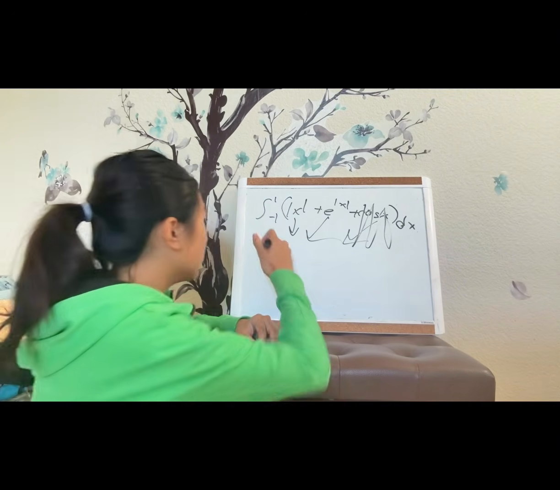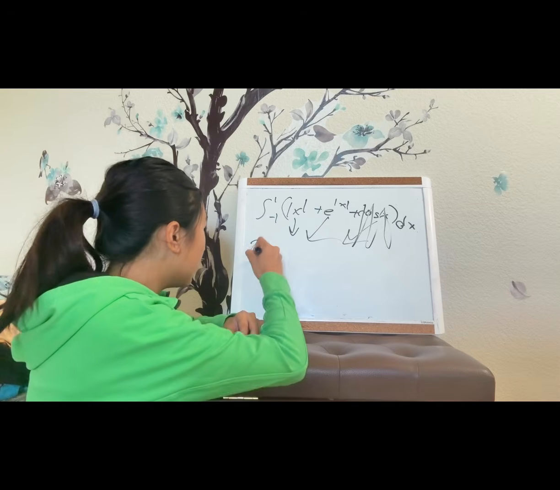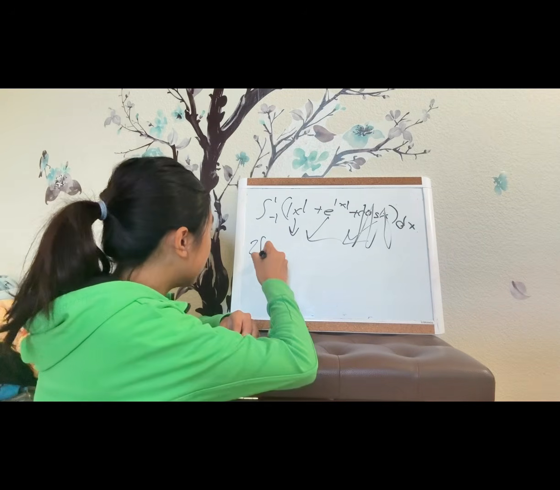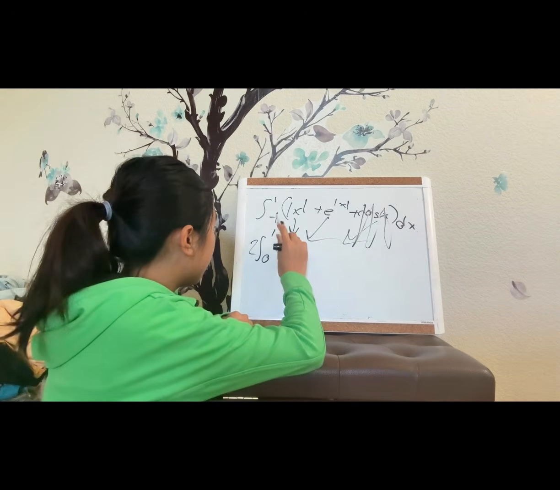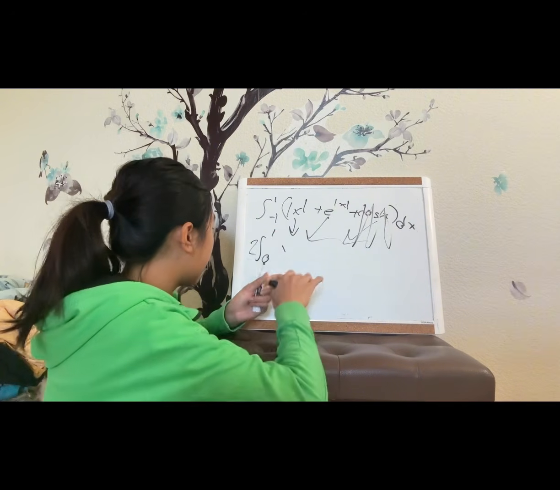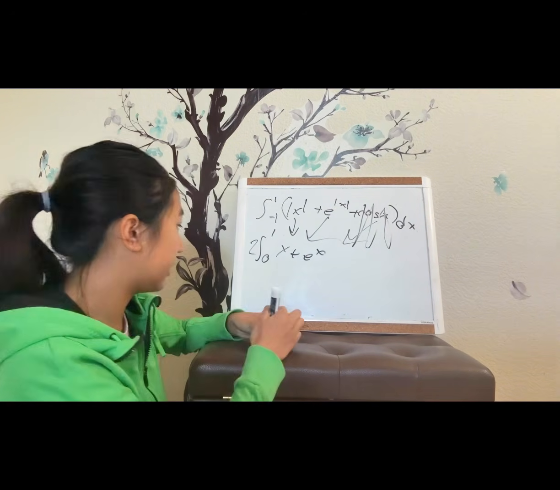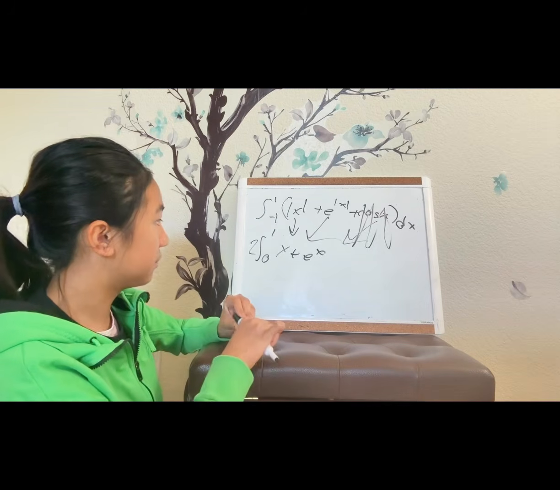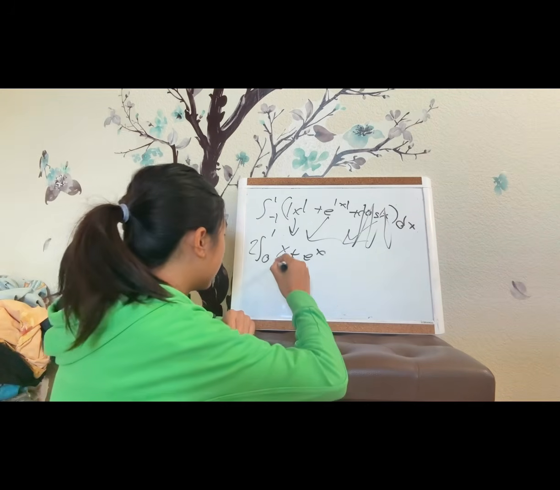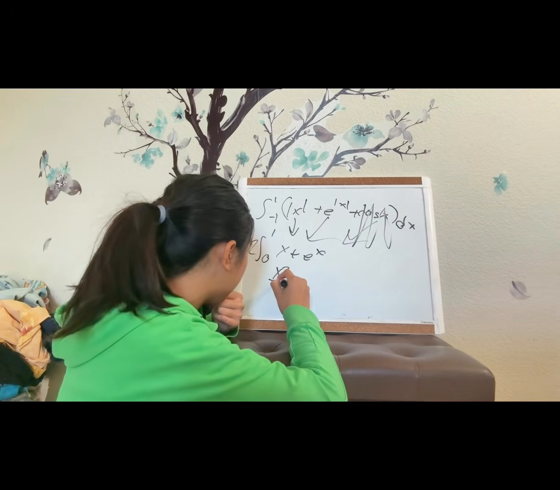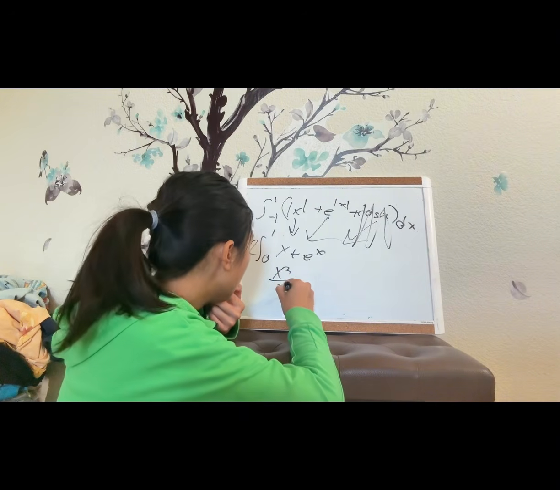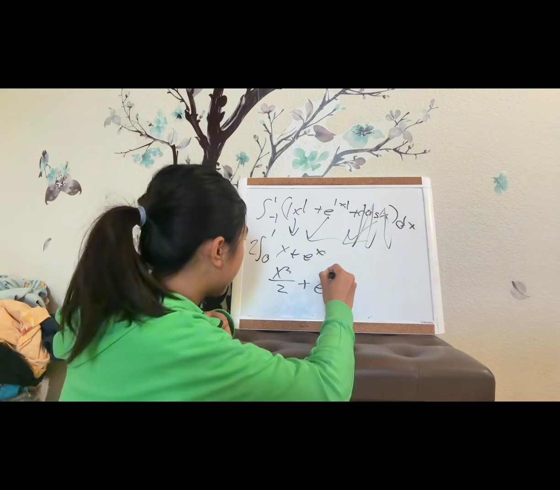So all we actually have to do is to do 2 multiplied by the integral from 0 to 1 of x plus e to the x. That's literally all we have to do. So let's find it. That's x squared divided by 2 plus e to the x.